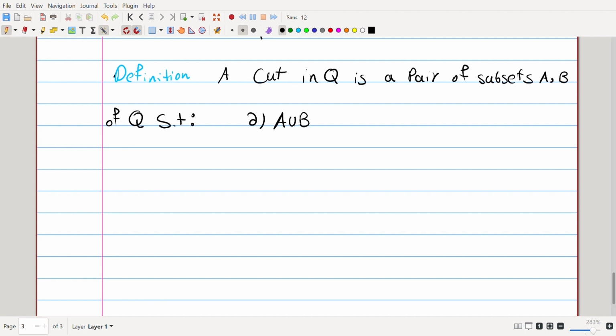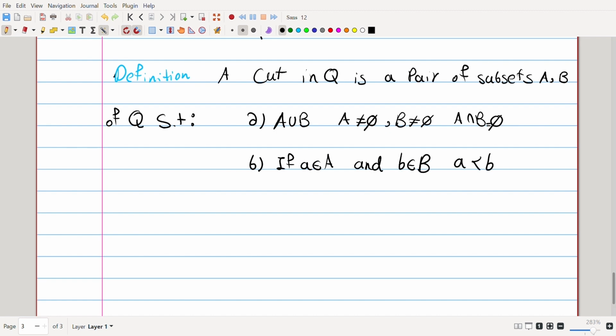First, he gave us the definition of what a cut is. So let me just write that definition down. Okay, Richard Dedekind gave us a definition about what a cut is.